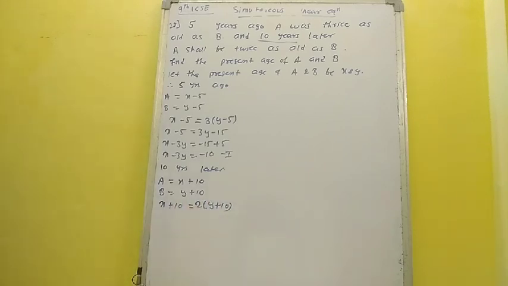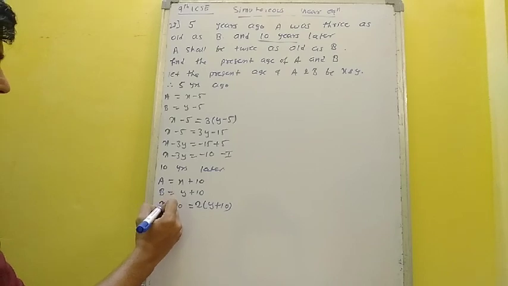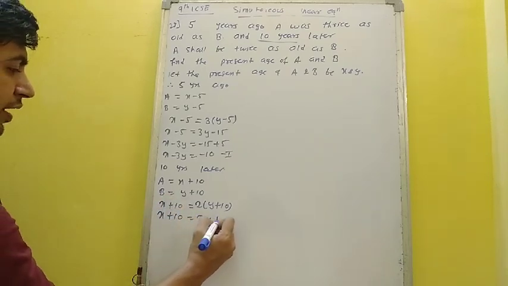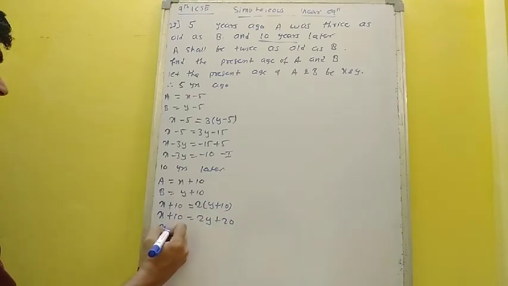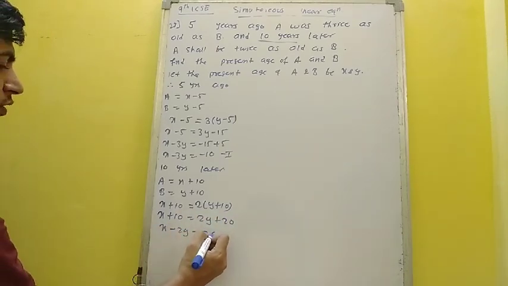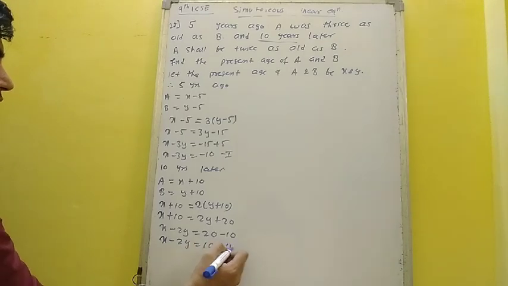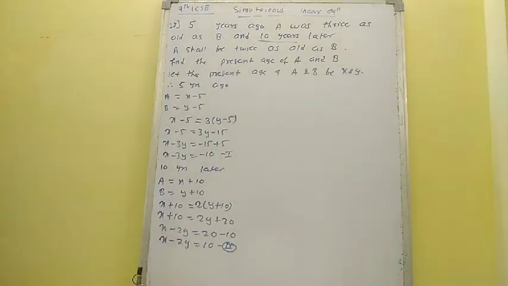So X plus 10 is equal to 2Y plus 20. So X minus 2Y is equal to 20 minus 10. We have X minus 2Y is equal to 10, equation number 2.